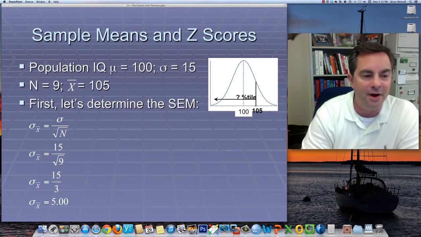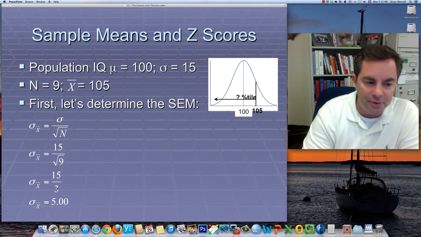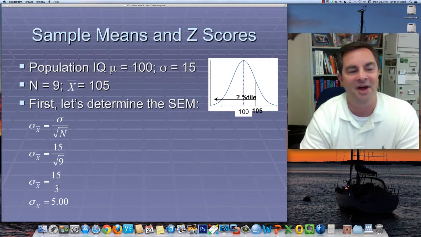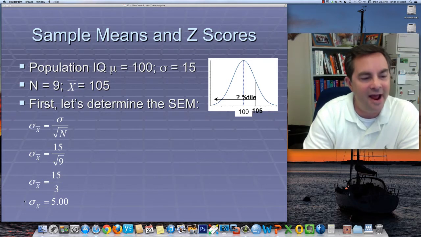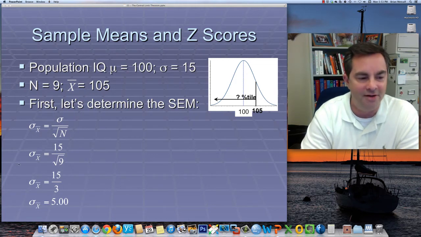So 15 divided by the square root of 9, which is 3. 15 divided by 3 is 5. 5.00 to be Batman precise. So my standard error now for this hypothetical sampling distribution of all of the possible means that I could get is 5 units, 5 standard error units.